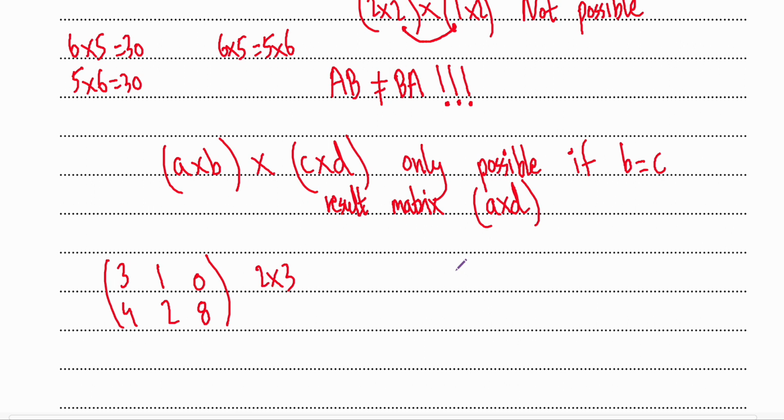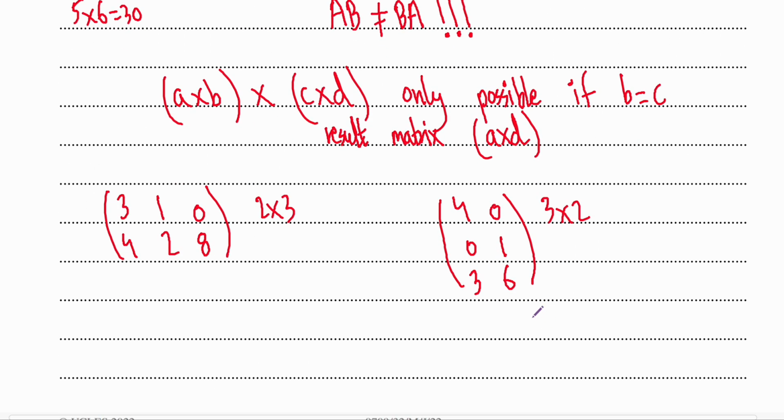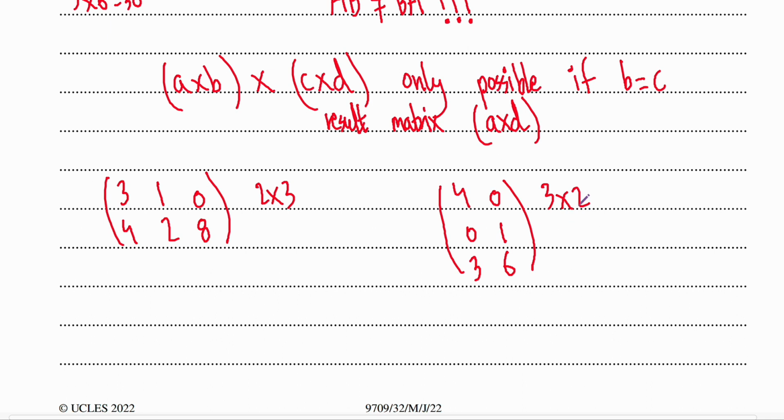I'll give you 4, 0, I'll give you 0, 1, and I'll give you 3, 6. This is 3 by 2 because it has 3 rows and 2 columns. So this should work, and we should end up getting a 2 by 2 matrix.